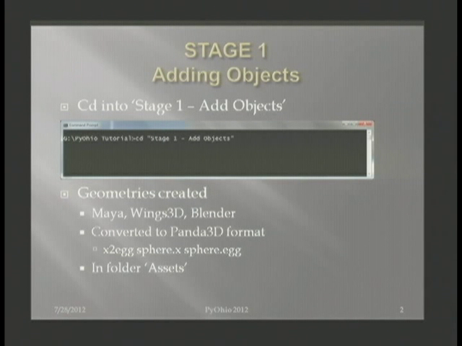Here you see a typical command where you output your geometry in DirectX format, and then you use the utility x to egg to convert your sphere to an egg that I can directly import into Panda. All those objects are in the folder called Assets. You can look there and see them listed.